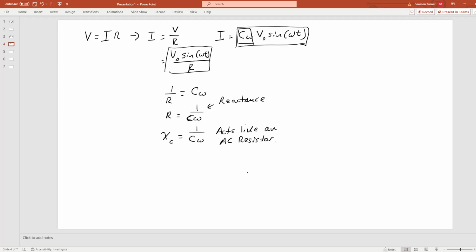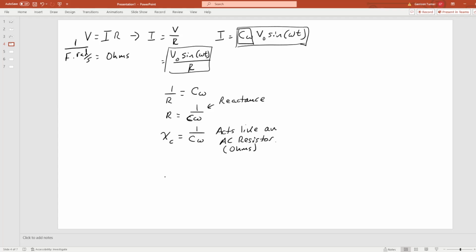And it has units of ohms. So farads times radians per second, actually 1 over farads times radians per second, is equal to ohms.